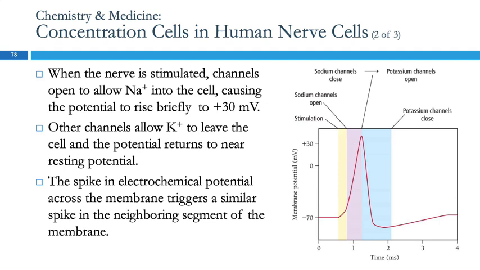So there's this potential due to the difference in concentrations, and then that resolves and the potential goes away. So we get a spike in electrochemical potential at that location in the membrane. That's going to trigger a similar spike further down on the membrane.